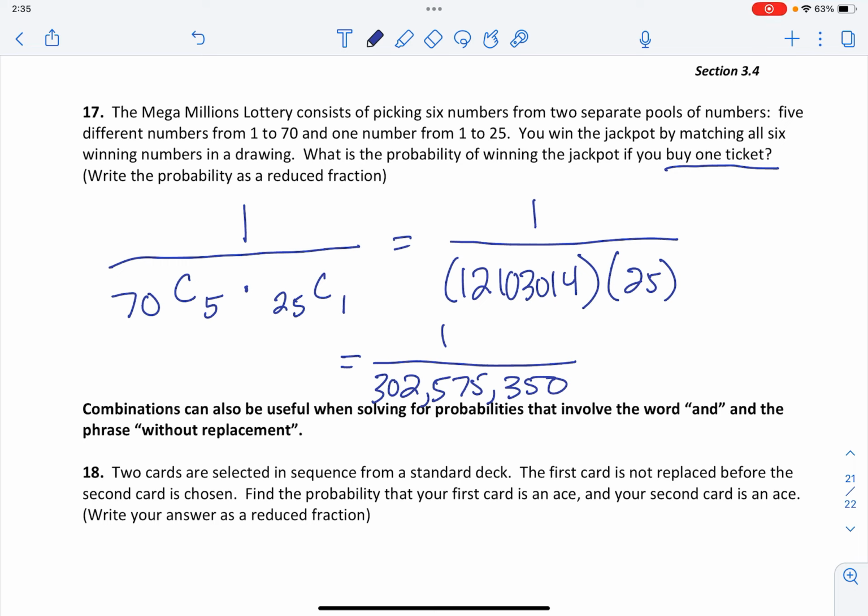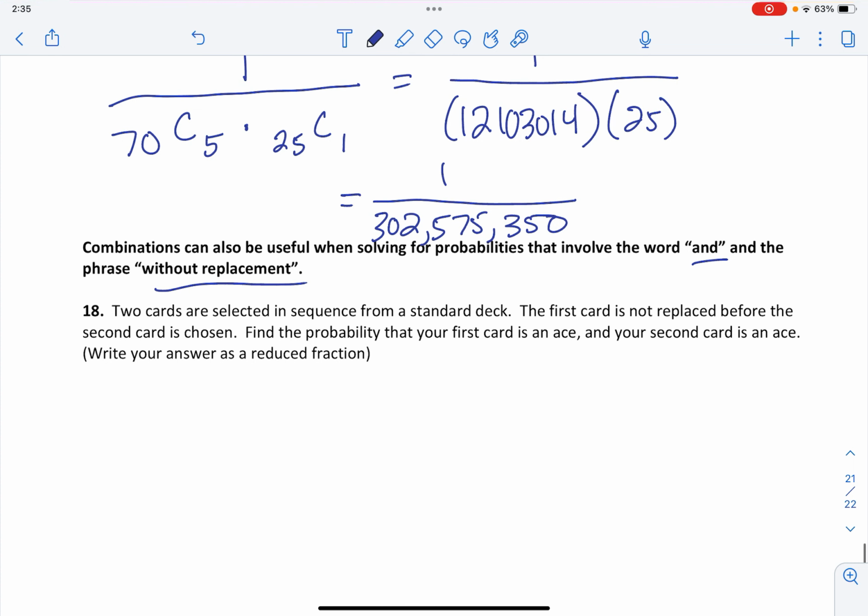Anyway, okay. One more problem. Combinations can also be useful when solving for probabilities that involve the word and without replacement. So 18 is a problem we've done before with a different technique. 2 cards are selected from a deck, but the first card is not replaced. Or you can almost just think of that as just selecting 2 cards at the same time then, right?